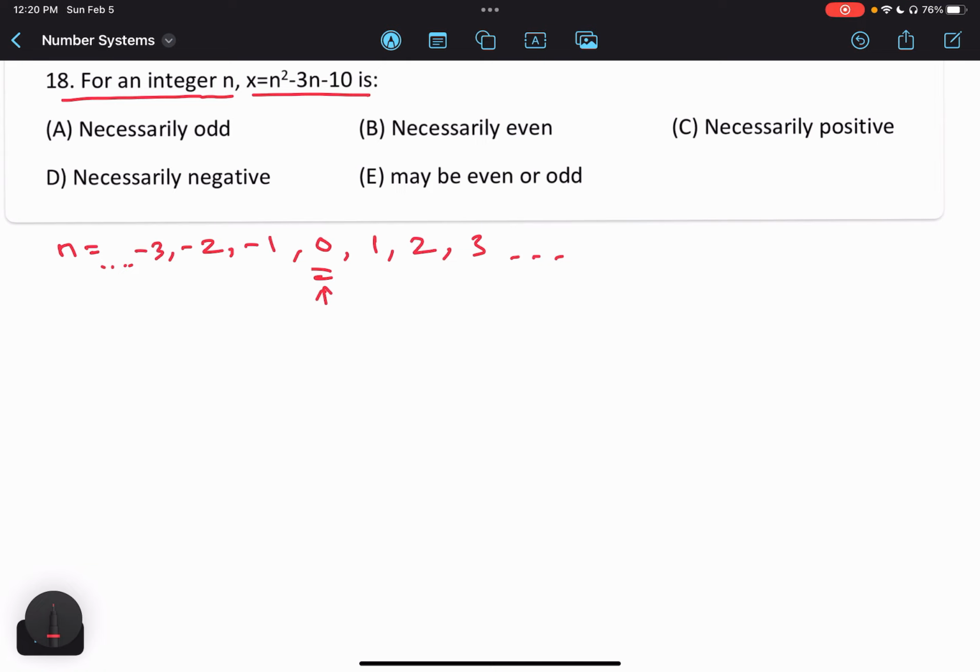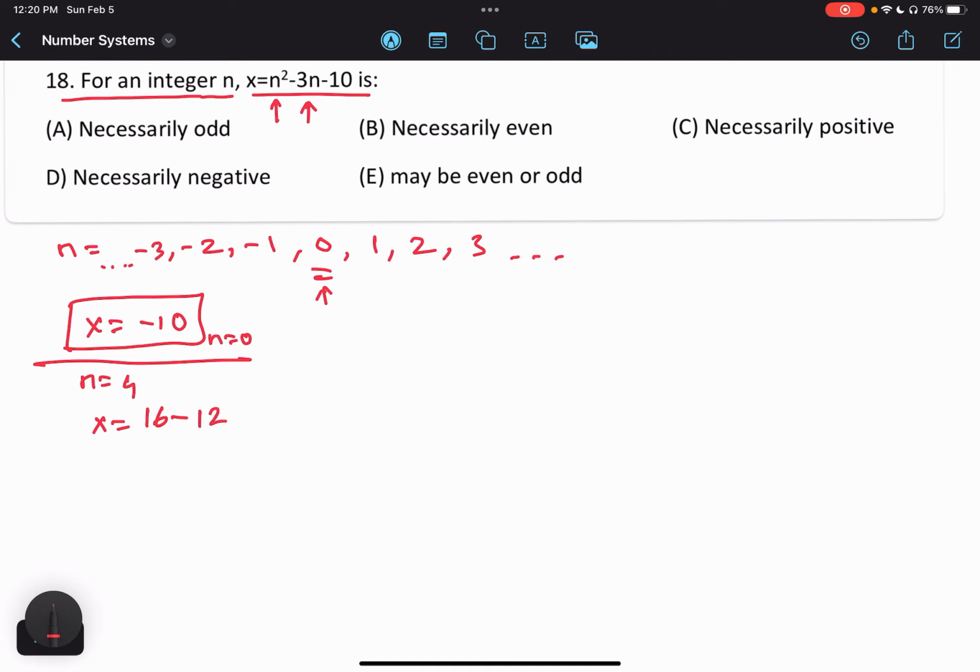If n is equal to 0, then this n square will be 0, this will be 0, and x will be minus 10. When n is equal to 4, I'm just considering some random value, so x will be 16 minus 12 minus 10, so x will be minus 6.